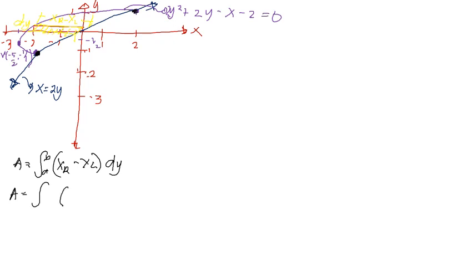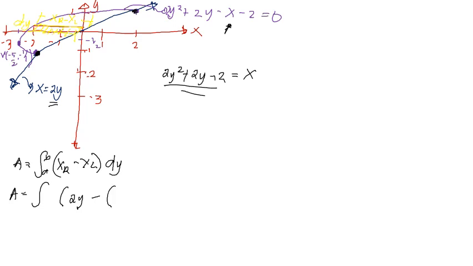We have our x right, which is the line, so x is equal to 2y. So we have 2y minus x left, which is the curve. So we need to isolate for the value of x here. So you have 2y squared plus 2y minus 2 is equal to x. So this is the equation for our x left.